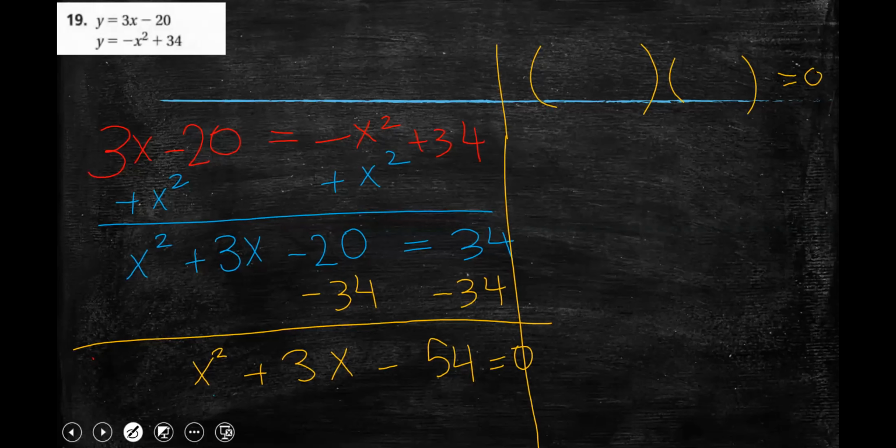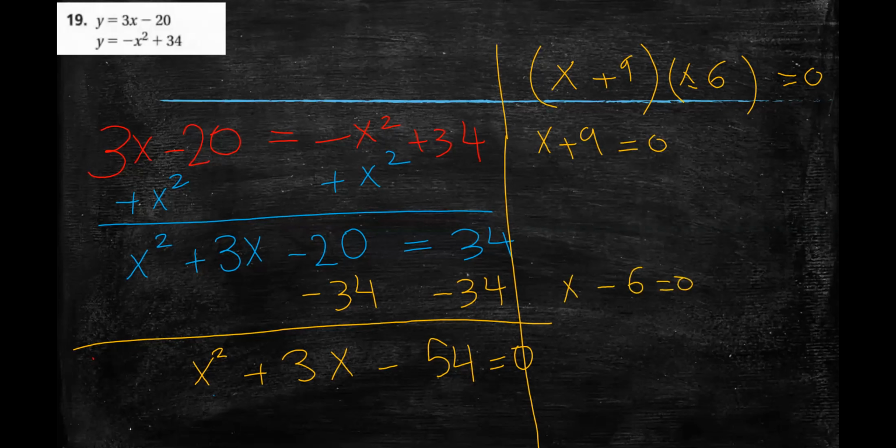9 and 6. One is positive and one is negative. Let's say positive 9, negative 6. So x plus 9 equals 0 and x minus 6 equals 0.